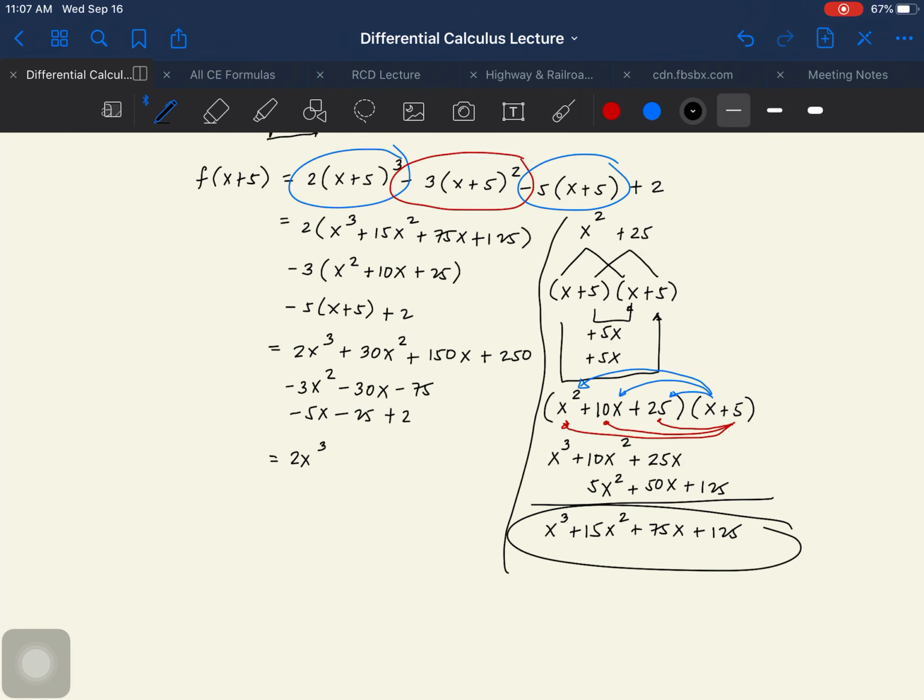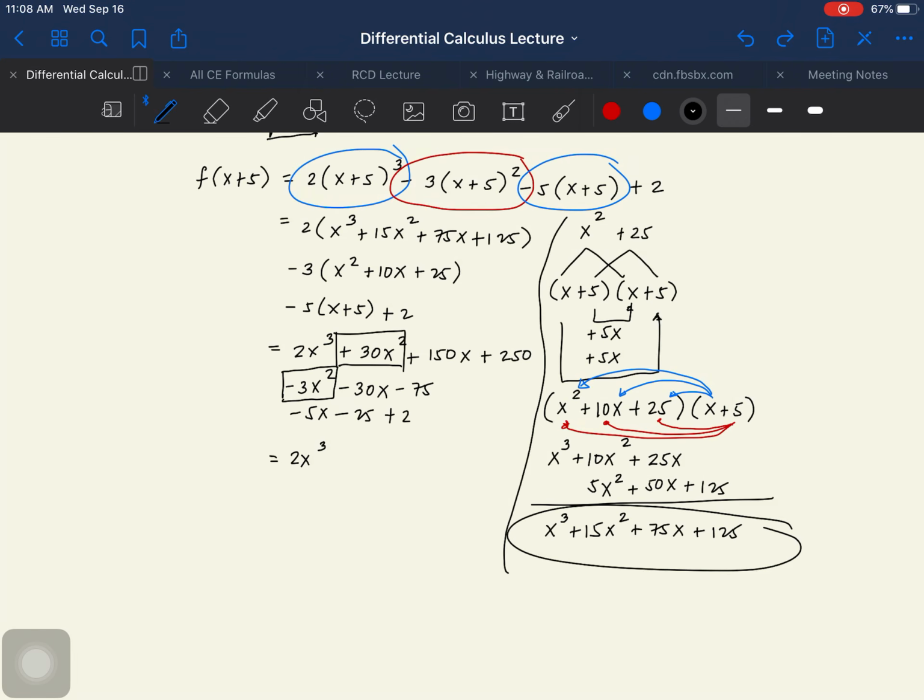How about 30x squared? There's 2 of them. Now I will be putting it in a box including the positive sign. Then this one here, including the negative sign, so that I will remember that this one is negative. So what is positive 30x squared plus negative 3x squared?